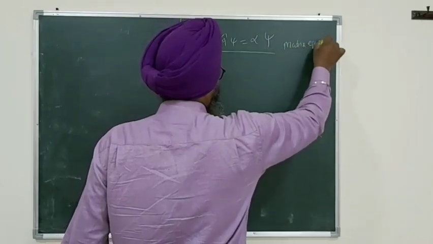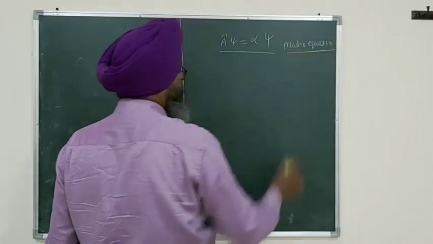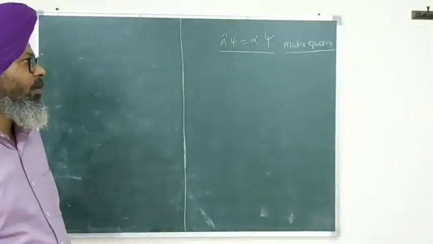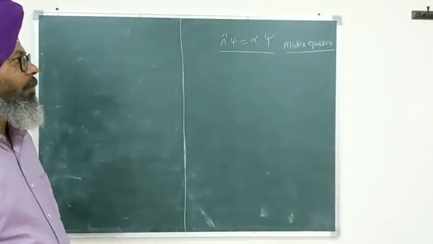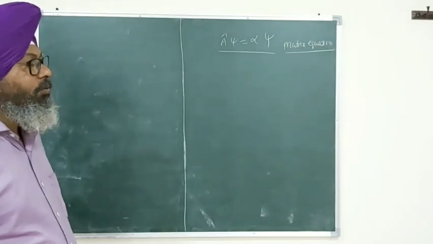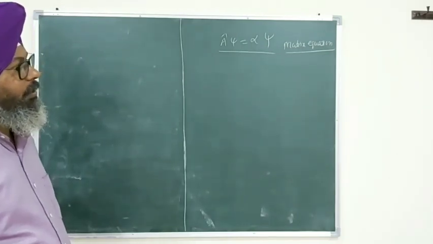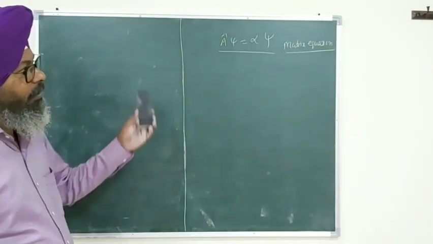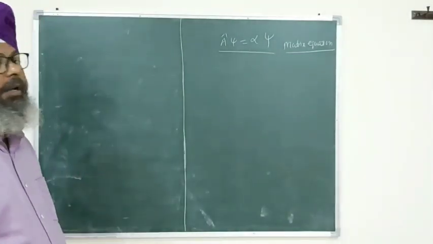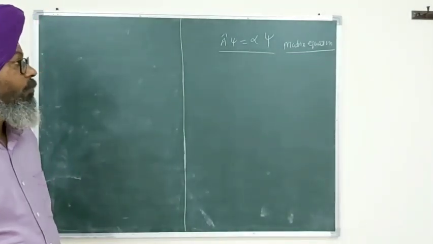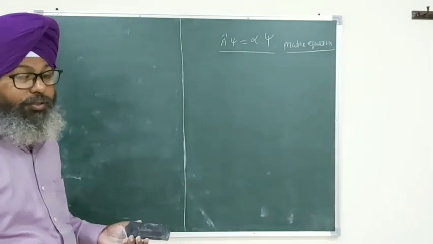If you are right now a student of a graduation class, you know that in the case of a matrix equation, if you convert the matrix into a diagonal matrix, then the diagonal elements of that matrix will be the eigenvalues, and therefore you have to resort to diagonalization of the matrix.